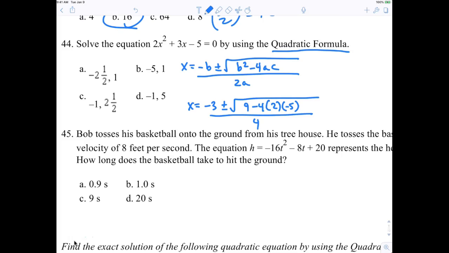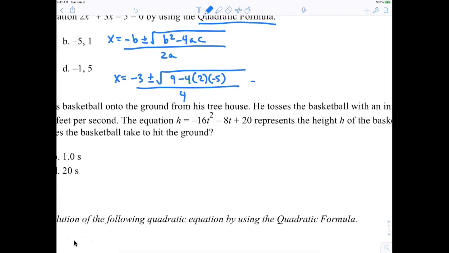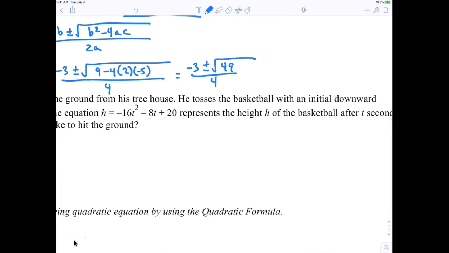Any problems with that? And so now what? -3 plus or minus the square root of 49 over 4. Everybody good? And so from there, -3 plus or minus 7 over 4.